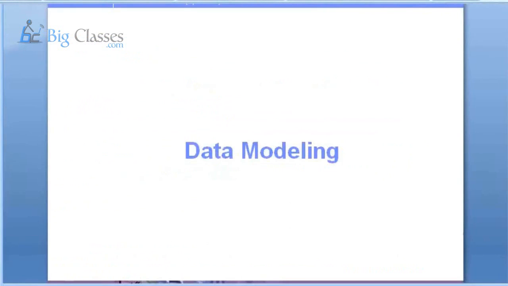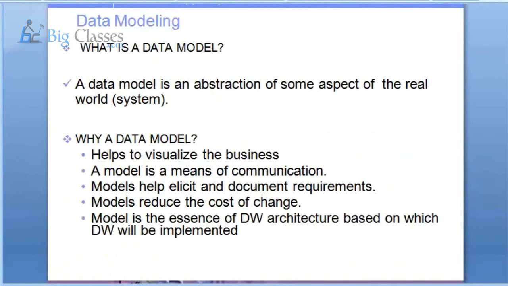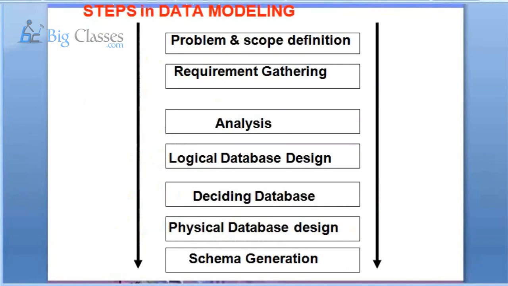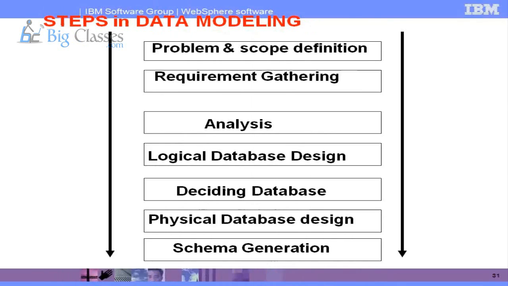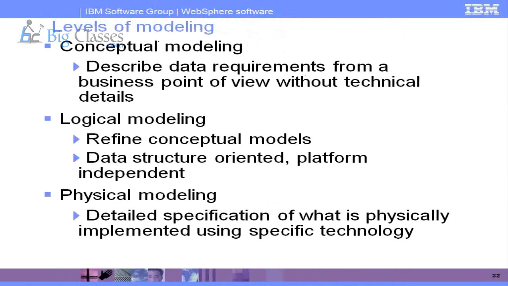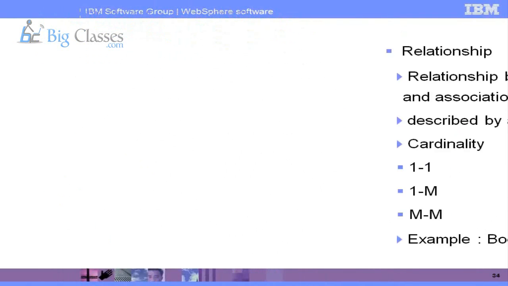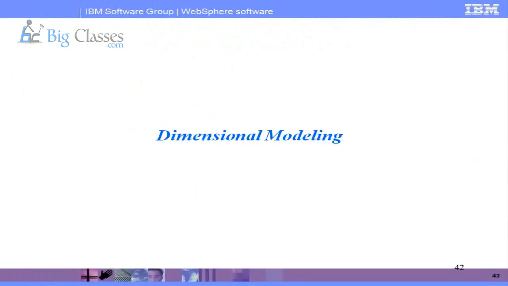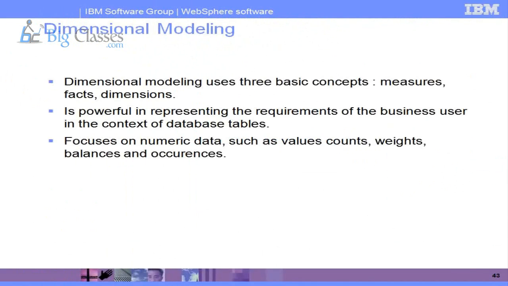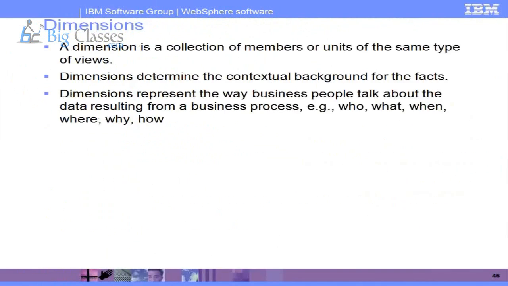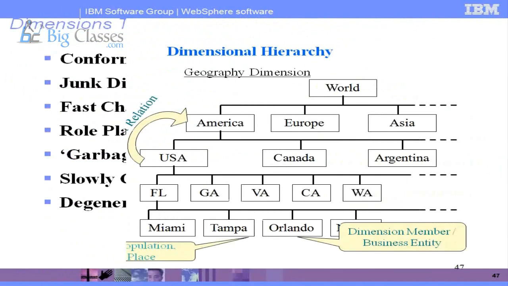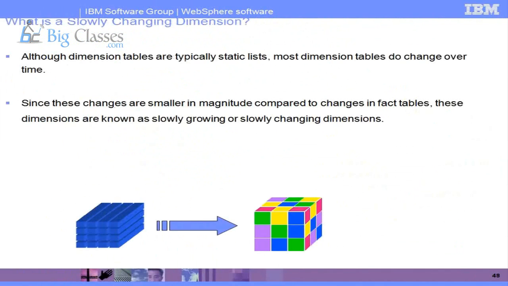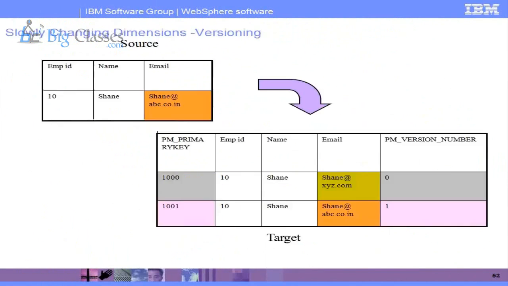While I am discussing the modeling basics, I'll cover what is data modeling, what are the steps involved in data modeling, what are the levels of data modeling, what are the limitations of ER modeling and dimensional data modeling, what is the meaning of fact, what are the different types of facts, and what are the different types of dimension tables and fact tables.